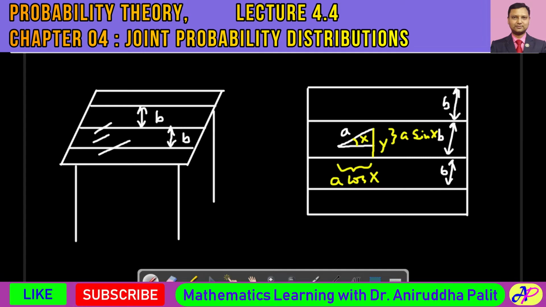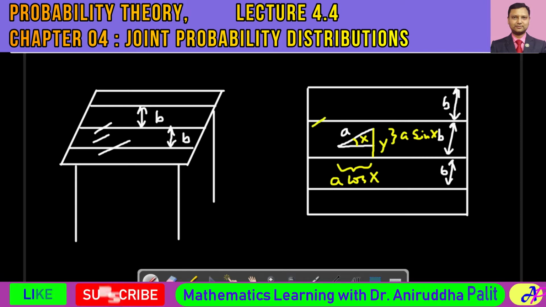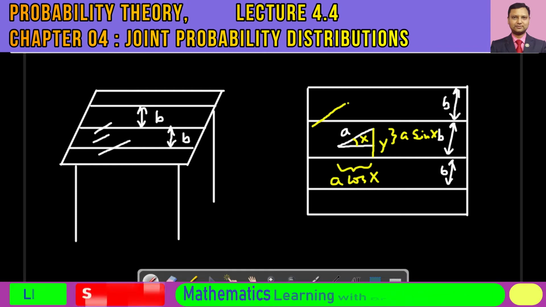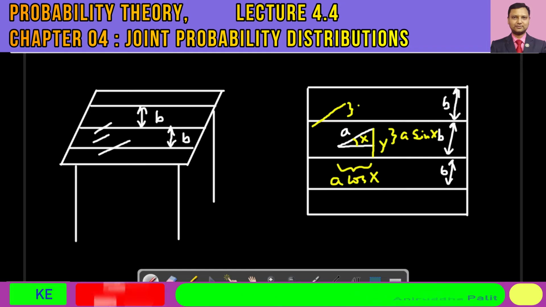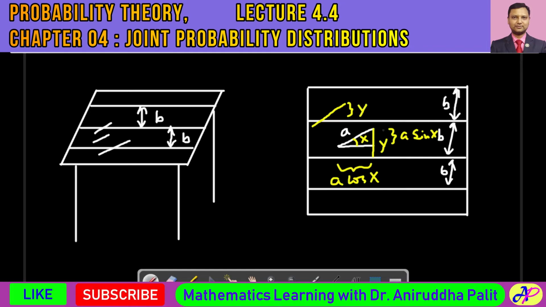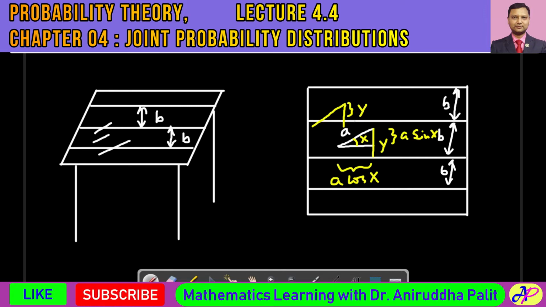Okay, and you see, if a needle intersects at all, it will intersect in this fashion, and in that case this value would be the value of y. This value must be less than this much length of the perpendicular.